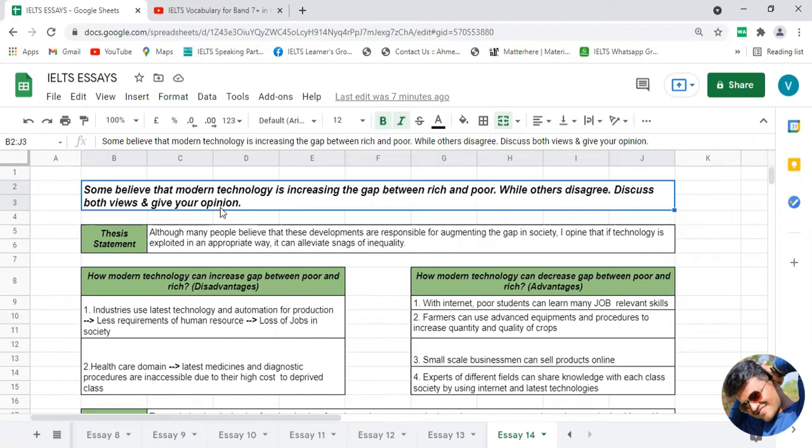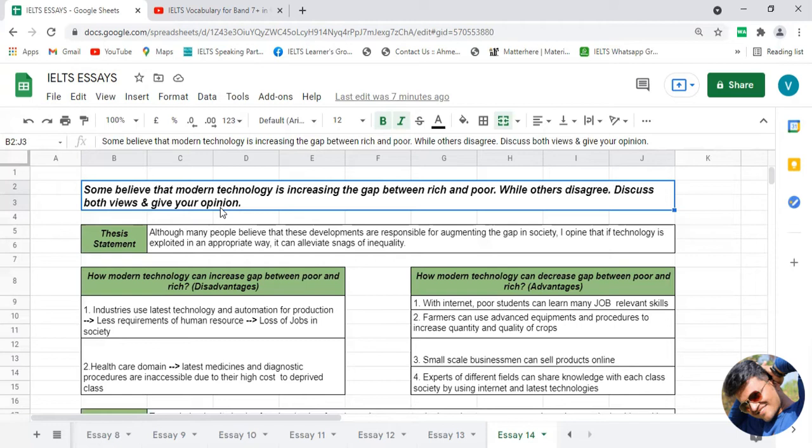Now, as I always prefer, we can use a four-paragraph pattern for this essay. The first one will be your introduction. The second paragraph, body paragraph number one, will target the first view, in which some people believe that due to modern technology the gap is increased.